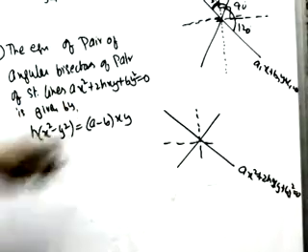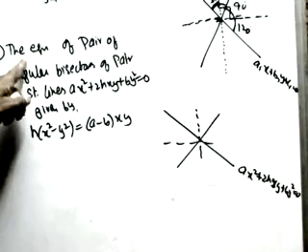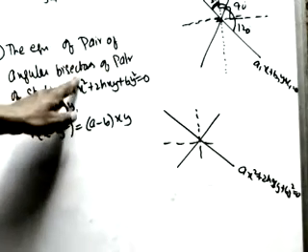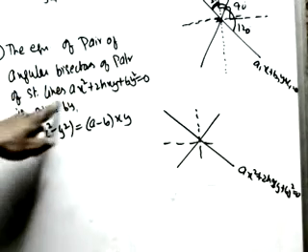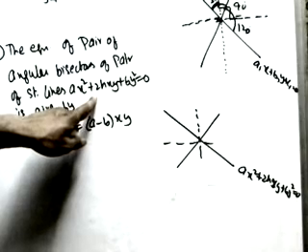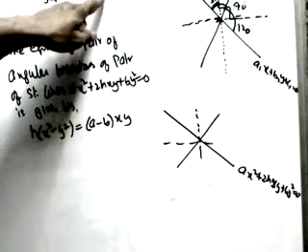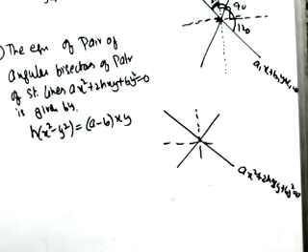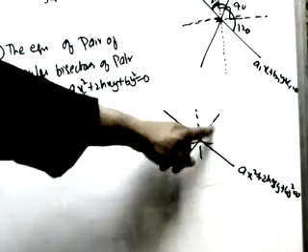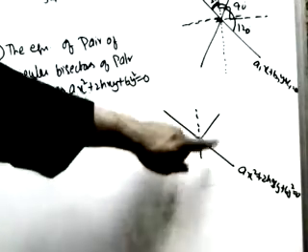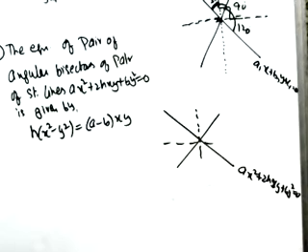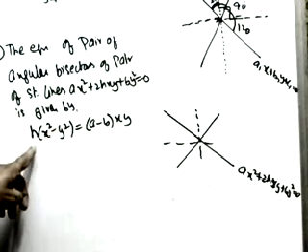If the equations are given in the pair form, ax square plus 2hxy plus by square, the equation of the pair of angular bisectors of the straight lines... Here the straight lines are given combined, as a pair of straight lines, whereas in the above situation the equations of the two lines are given differently. But here the joint equation of the pair of lines is given.